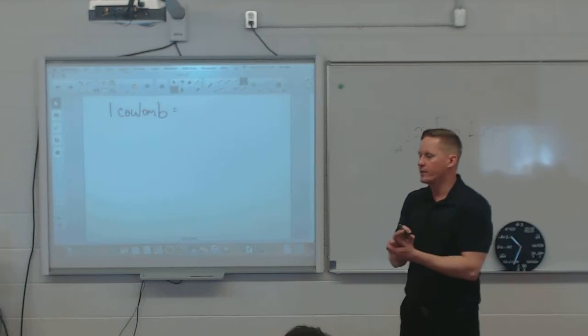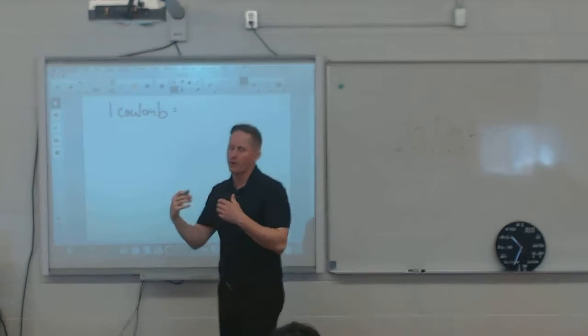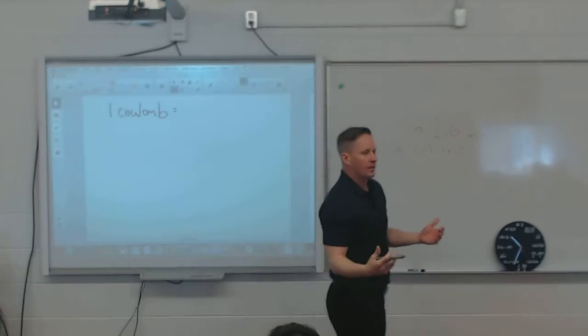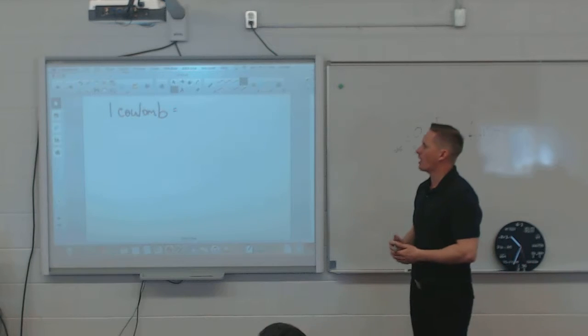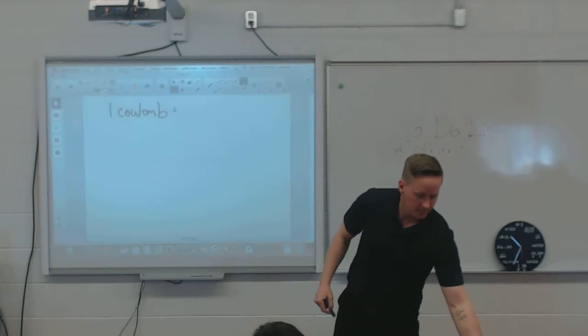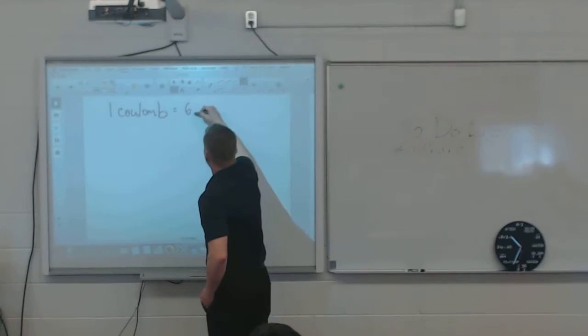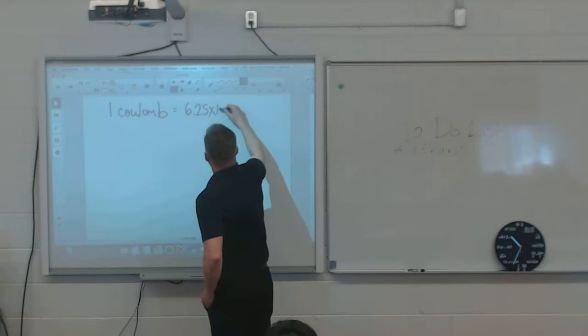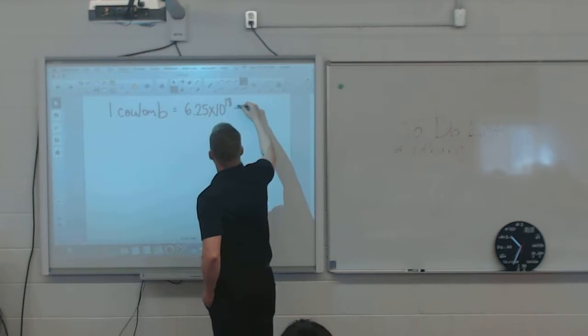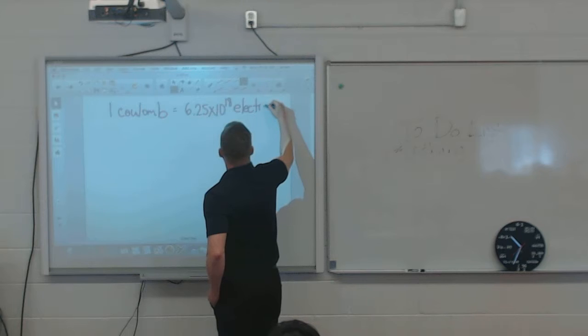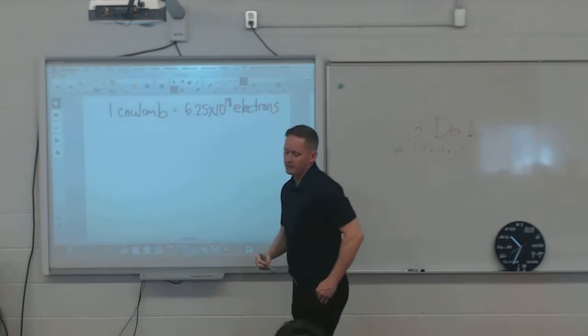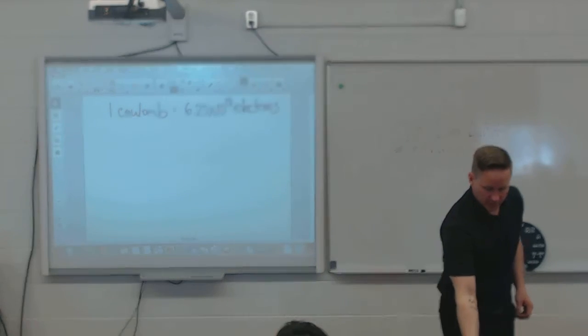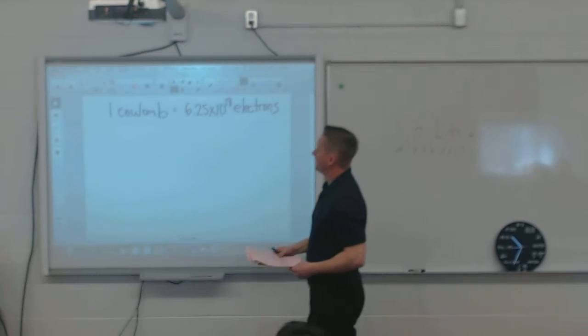Alright, so now, we talk about electricity as a transfer of electrons, right? So 1 coulomb of charge has 6.25 times 10 to the 18 electrons in it.